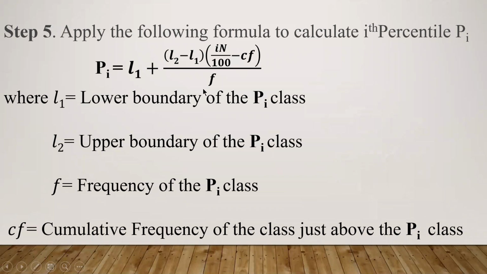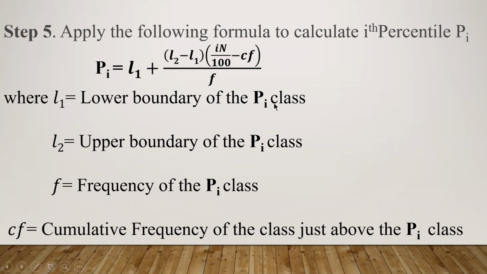This formula is very similar to the formula used for median, quartiles and deciles, except that here you have iN by 100.